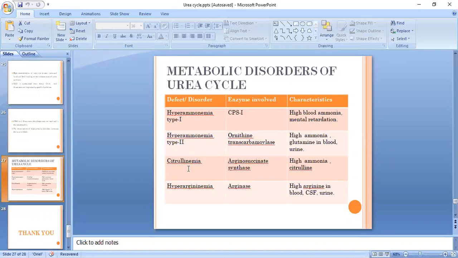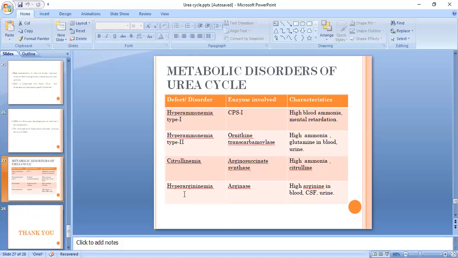If this citrulline concentration is increasing, we call the disorder citrullinemia, which is mainly because of arginosuccinate synthase. High ammonia and citrulline are seen in the blood and urine.